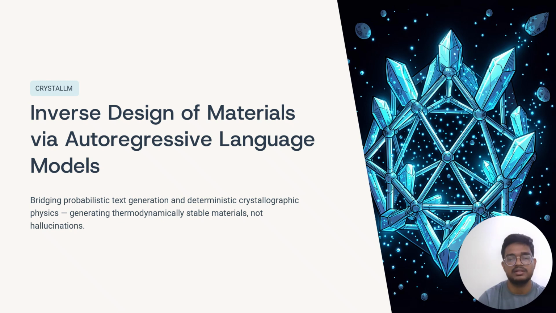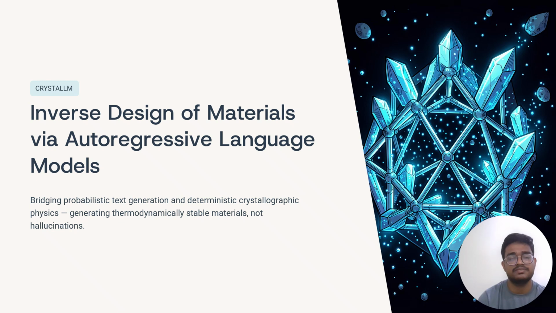Large language models such as GPTs have shown incredible capabilities in generating text, code, and images. However, crystals are fundamentally different from language. A crystal is governed by symmetry, atomic interactions, thermodynamic stability, and geometric constraints.